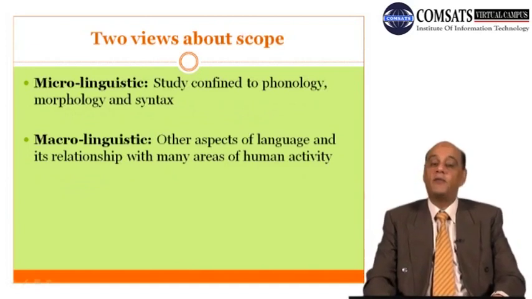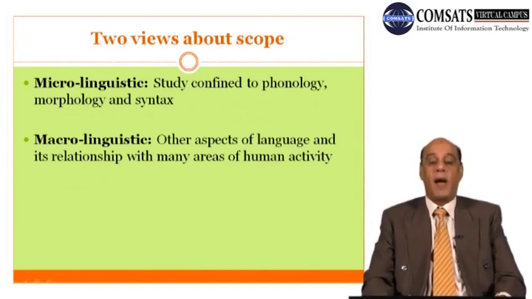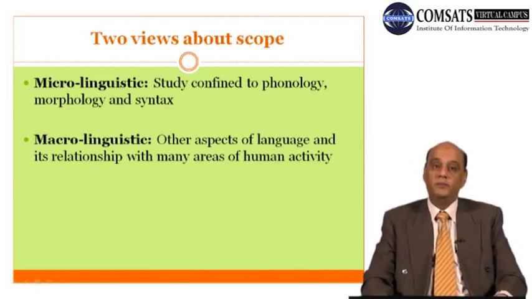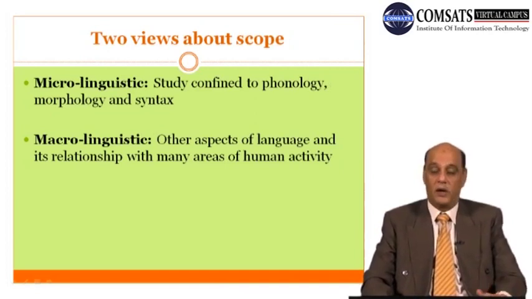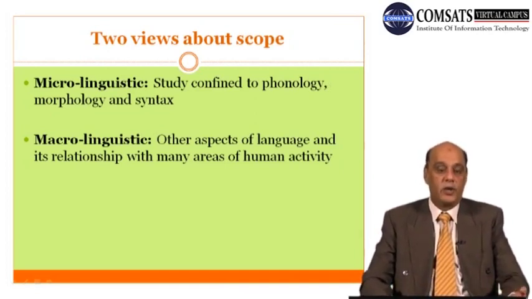Now, finally, we have the two views about scope. The microlinguistic view means that the study of linguistics is confined to phonology, morphology, and syntax. They say that it's only the theoretical aspect, and only this is included in the scope of linguistics.